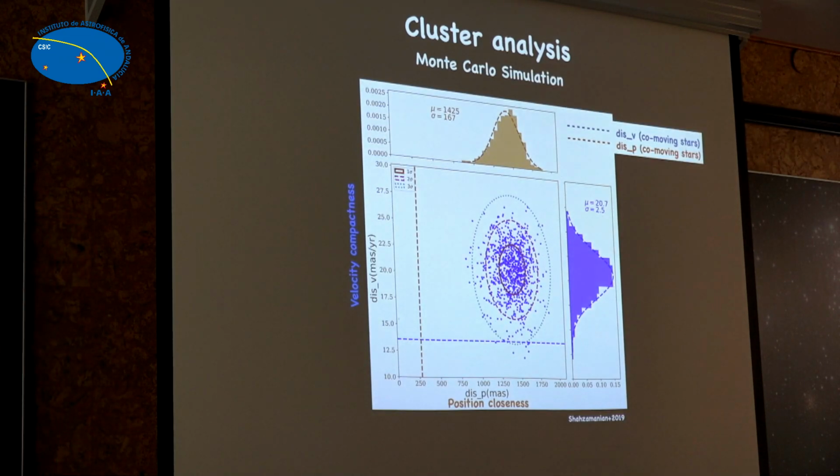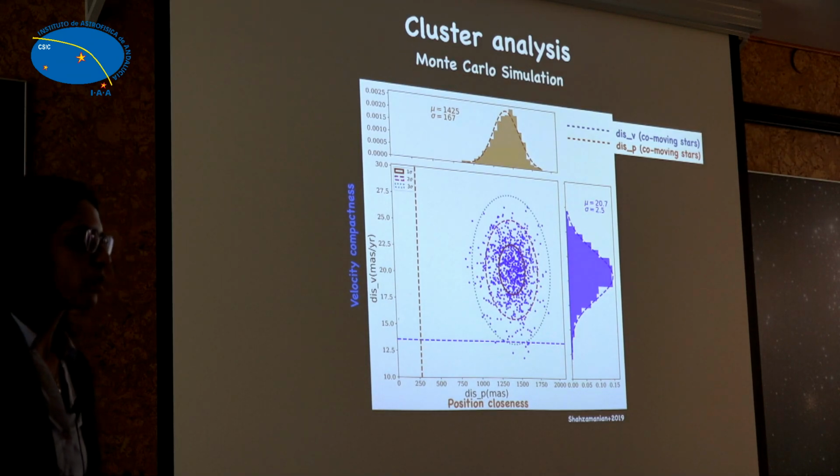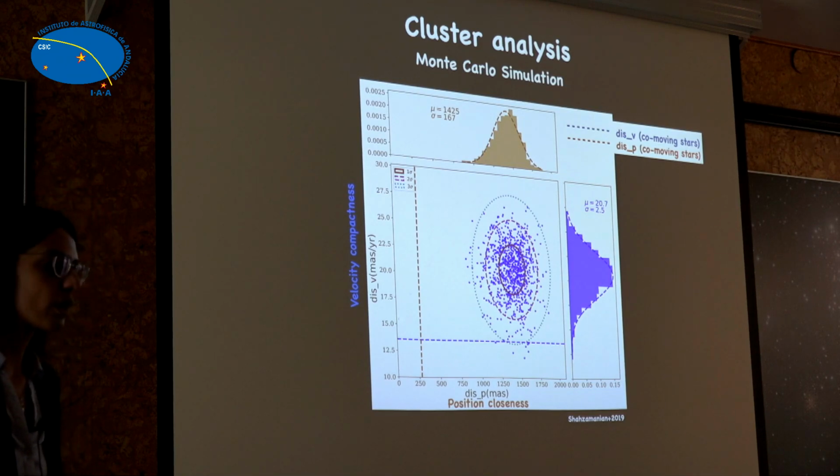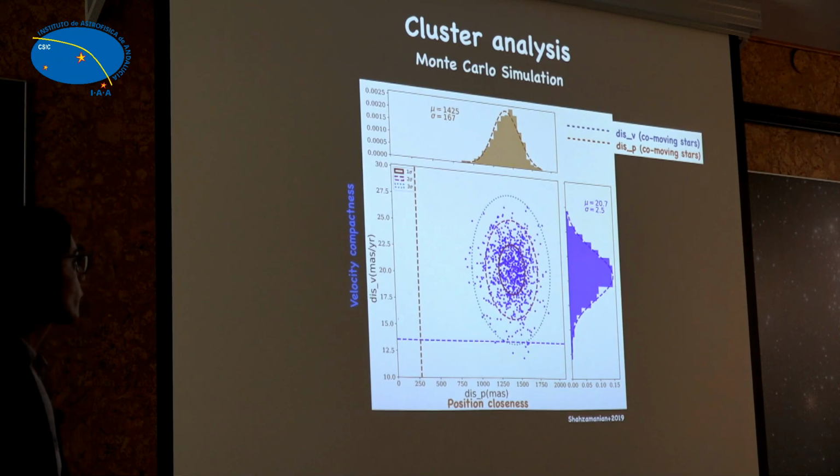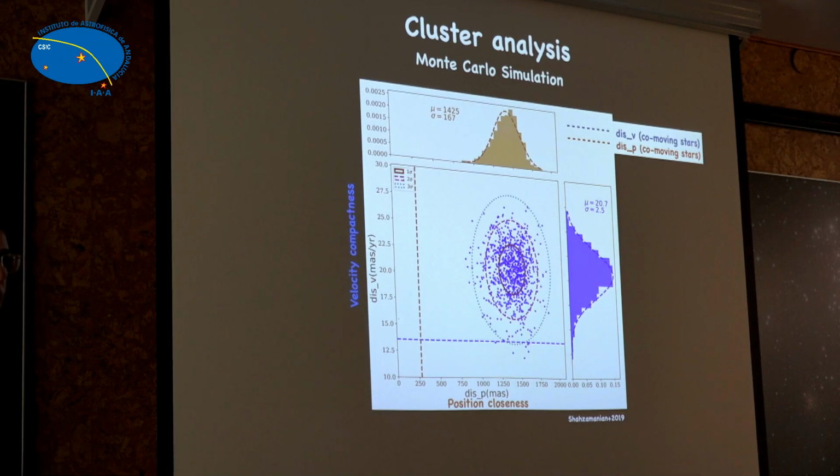In order to make sure that this group of stars we discovered is really a cluster or not, because the number of them is small, we did an analysis with Monte Carlo simulation, and we defined two parameters: one is velocity compactness, the other is position closeness. They show how close or how compact the stars are in velocity space and position space.